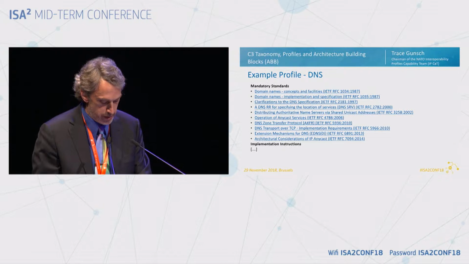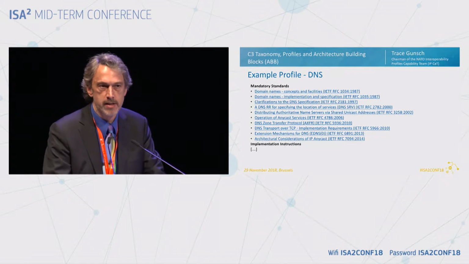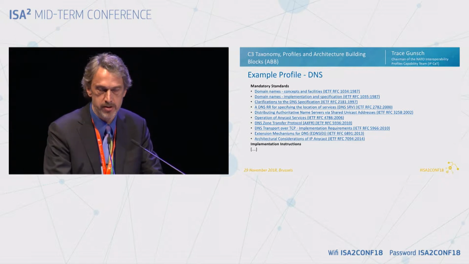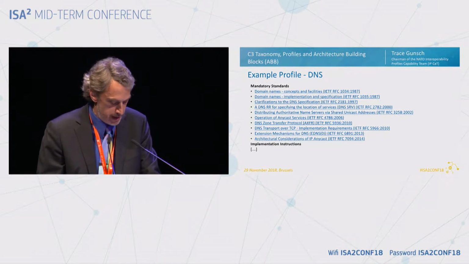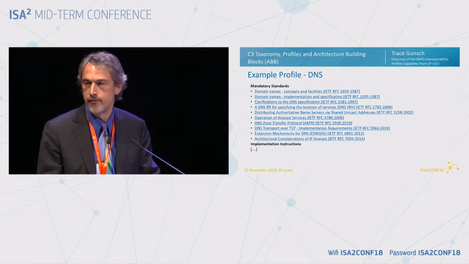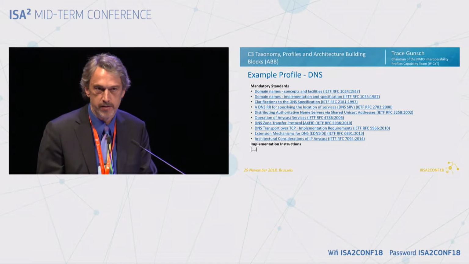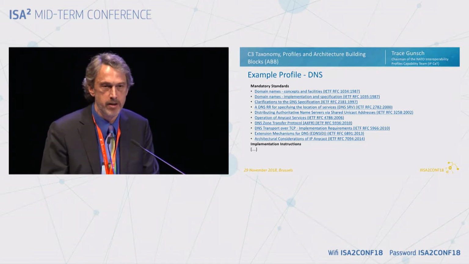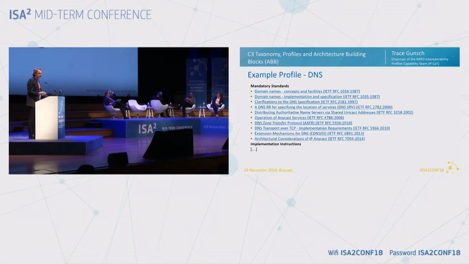To address some of the other issues as far as standards, we've emphasized the idea of profiles, where we assemble a set of standards into a single profile, along with a number of different configuration settings and instructions that can be used in that profile, so that we can try and force interoperability in our communications. This is a very simple example of a domain name service, a networking profile that lists a number of different commercial standards or could be NATO-specific standards.